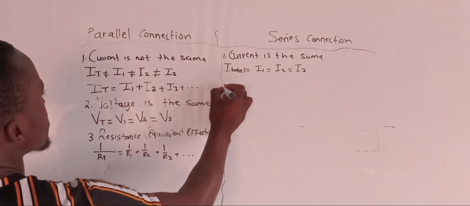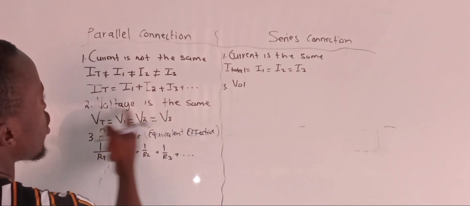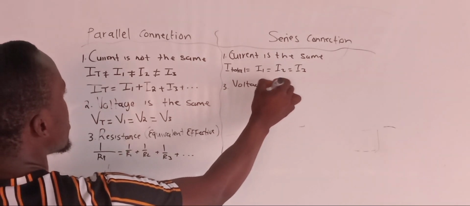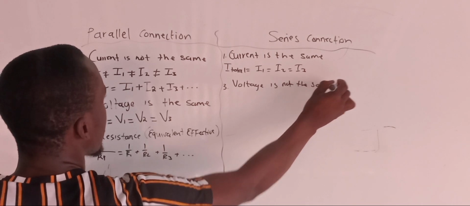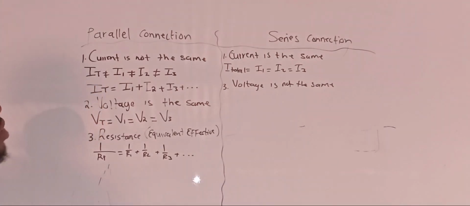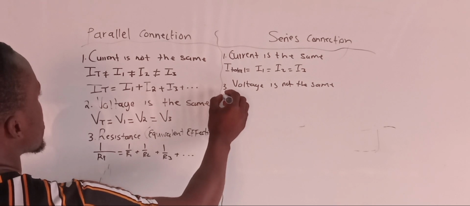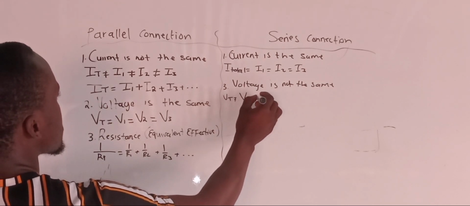Then we're saying that voltage divides, it is actually the opposite of this. Voltage is not the same, or potential difference is not the same, meaning that the voltage across the terminals of the battery is not the same as the V that we get in resistor number 1.